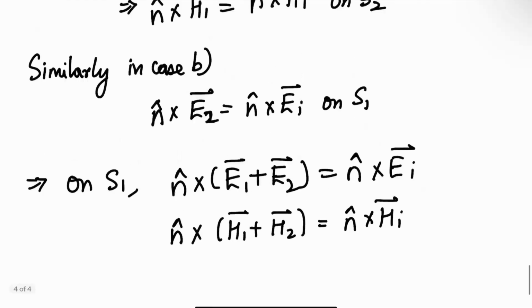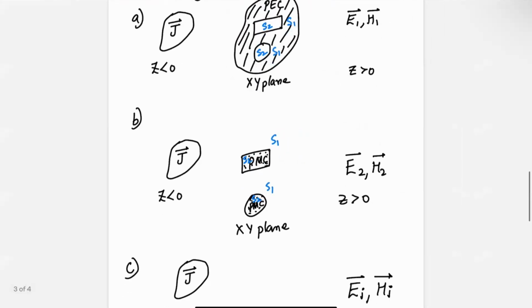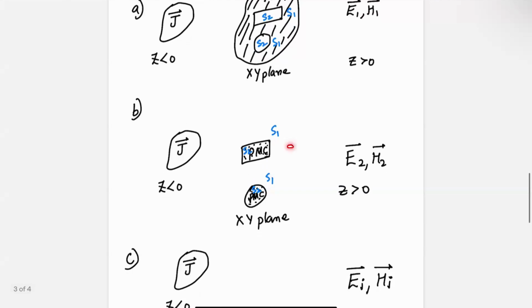Okay. All right. So if you go back here to this problem, and this is the kind of tricky part of the argument. Okay, E1 and H1 are in the right half space, which is free space, right? E2 and H2 also are in the right half space, which is free space. Now, E1 and H1 satisfy source-free Maxwell's equations on the right half space. E2, H2 satisfy source-free Maxwell's equations on the right half space.